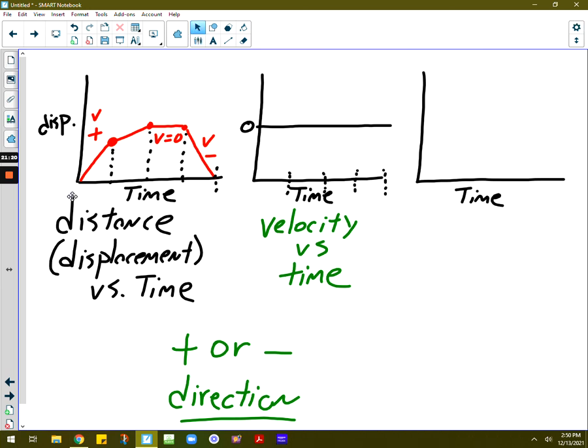So, let's call this time interval 1, time interval 2, interval 3, and interval 4. And let's go ahead and graph what the velocity is during time interval 3. It's 0. So here in time interval 3, it would be that right there.